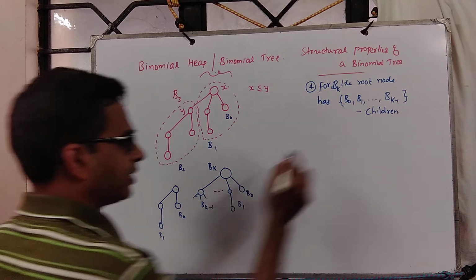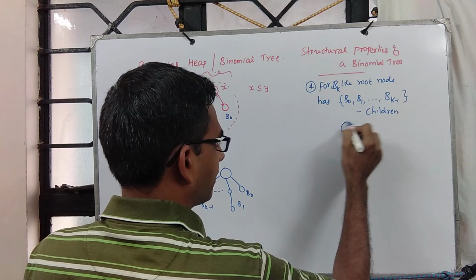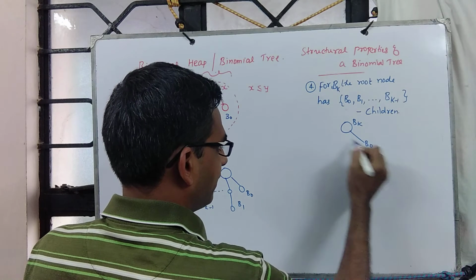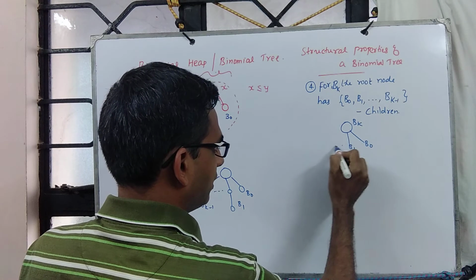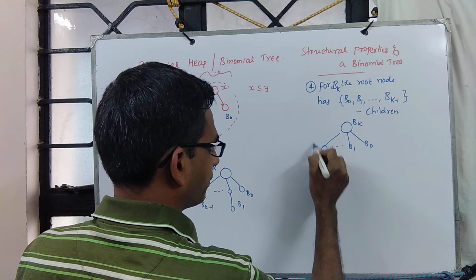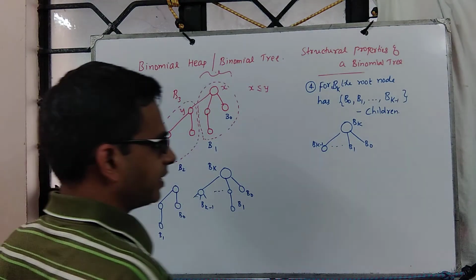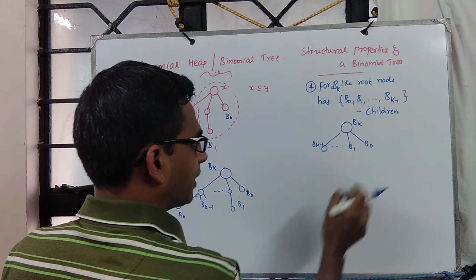So you see that if you look at BK, below that we see B0, then B1, so on up to BK minus 1. So this also tells you something.